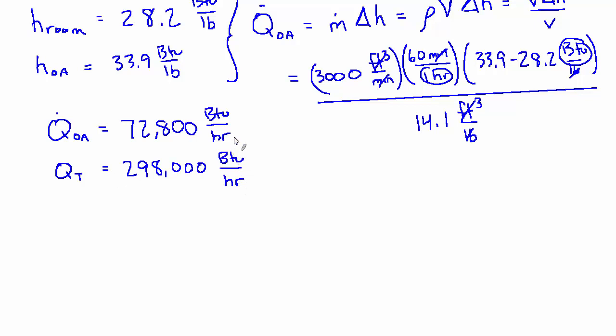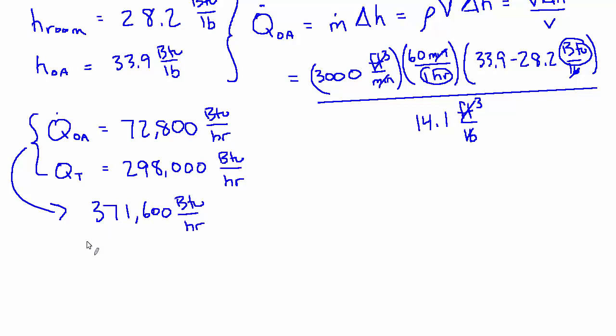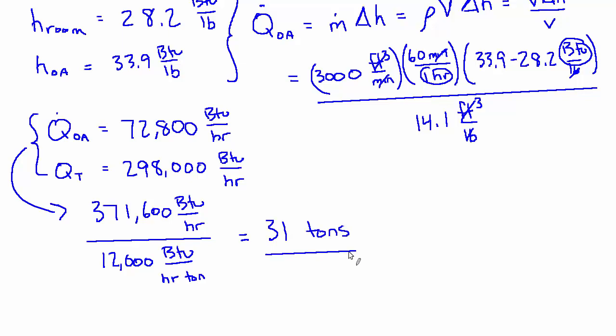And that is truly what the unit is going to have to keep up with. So those two taken together is a grand total of 371,600 BTUs per hour, which we can turn into refrigeration tons, divide by 12,000 BTU per hour per ton. That works out to 31 tons. So now we have 3 of 4 answers.